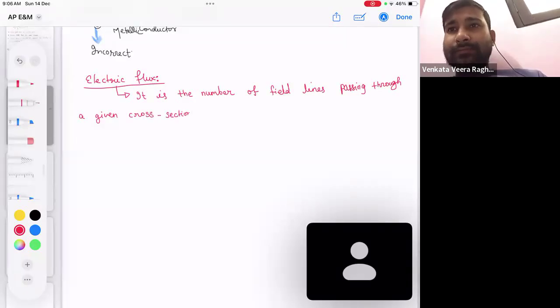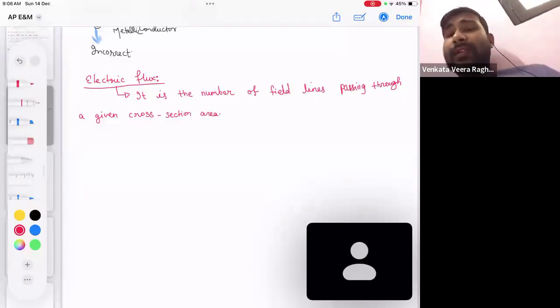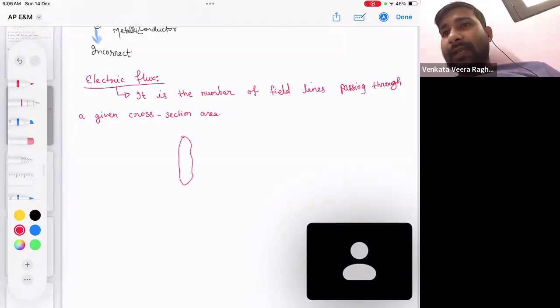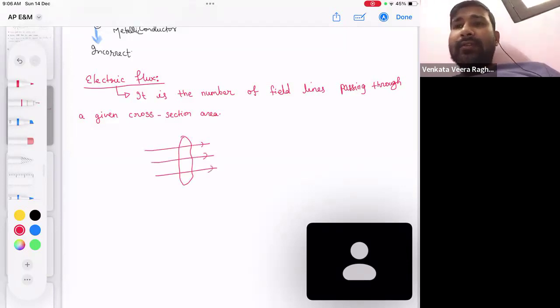Okay. So what does it mean? Let's say there is a cross section area like this, and these are the field lines passing through it. The more field lines cross this cross section area, the more we call it the electric flux.